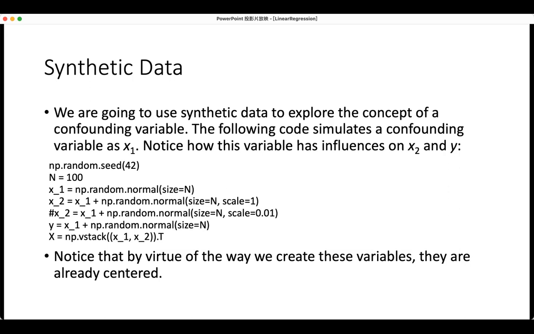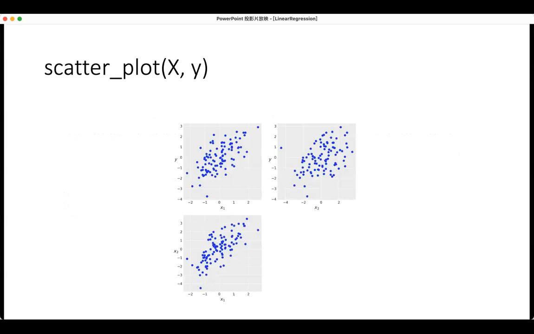They are already centered. So you can see that x1 and y are correlated, obviously. x2 and y are correlated as well, because x2 actually is x1 plus a random value. And x1 and x2 are obviously correlated.